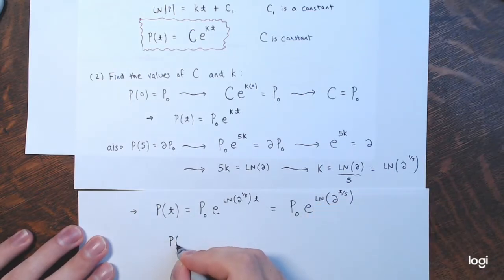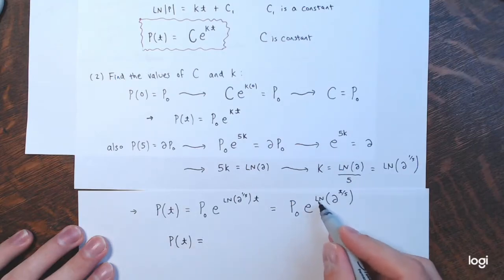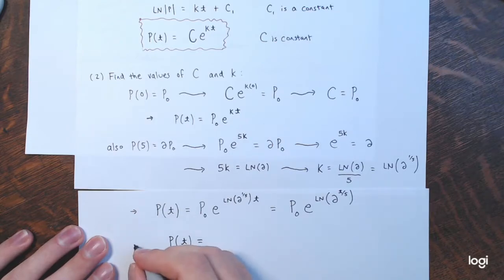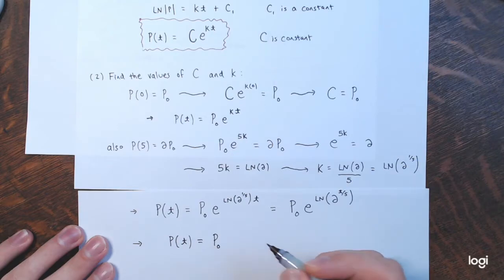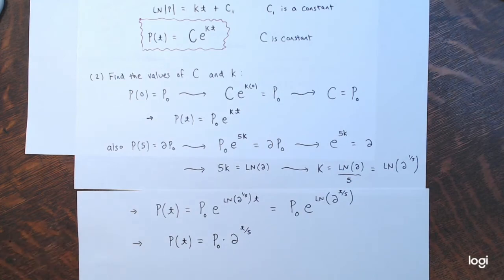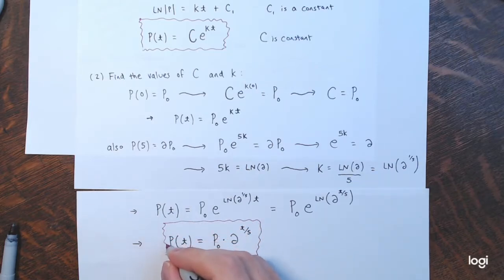So my final model, and you can use either model, but I like this one personally because there are no e's or logarithms. The population at time t is the initial population, p sub 0, times 2 to the t over 5 power. And this is the model I will be using to answer any questions they may have.